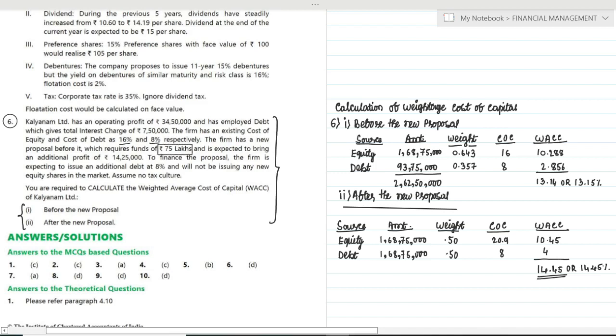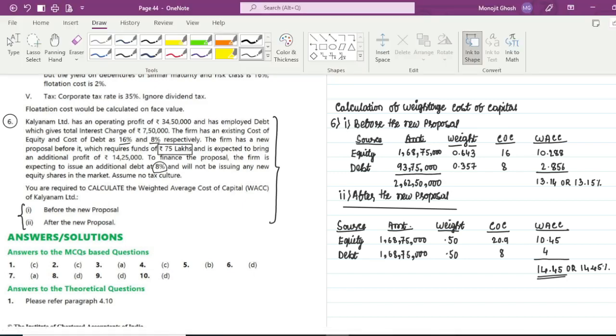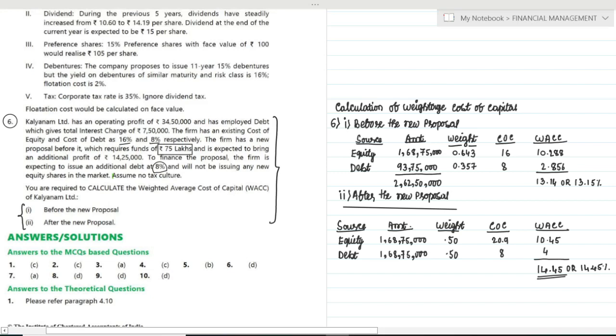It is expected to bring an additional profit 14.25 lakh. To finance the proposal, the firm is expecting to issue an additional debt of 8% and will not be issuing any new equity share in the market. Assume no tax culture. So this is an important point.